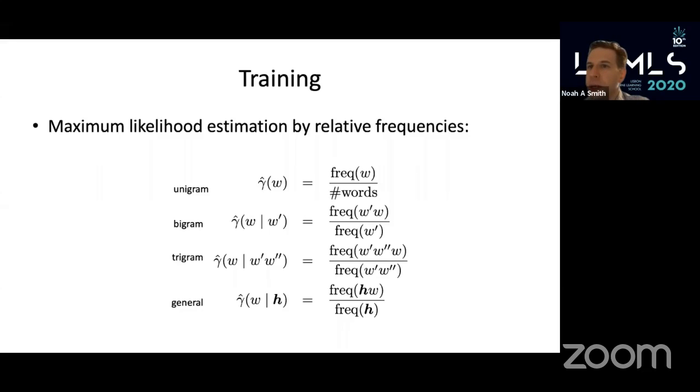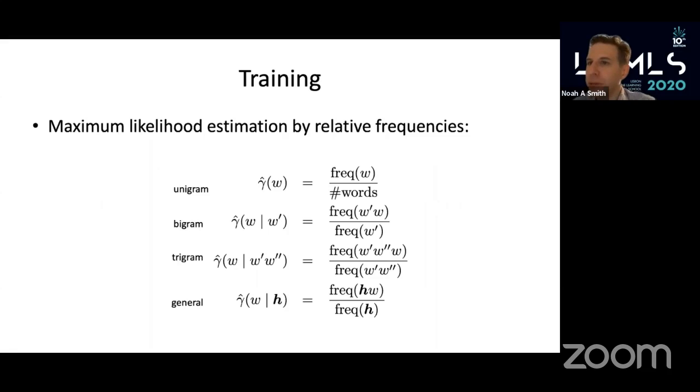This is really important because people sometimes think about probabilities and have this intuition that probabilities are proportional to frequencies, and then you relativize them or divide by something so they sum to 1. The key thing to remember is that what sums to 1 is all the words given a history.